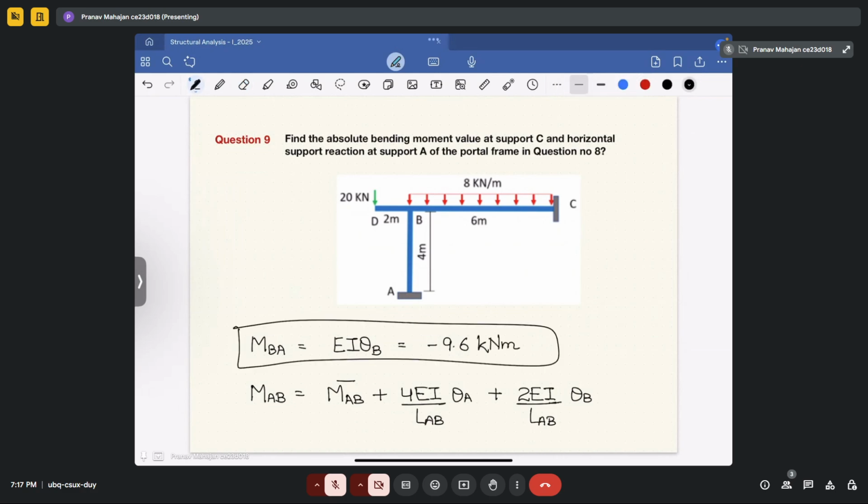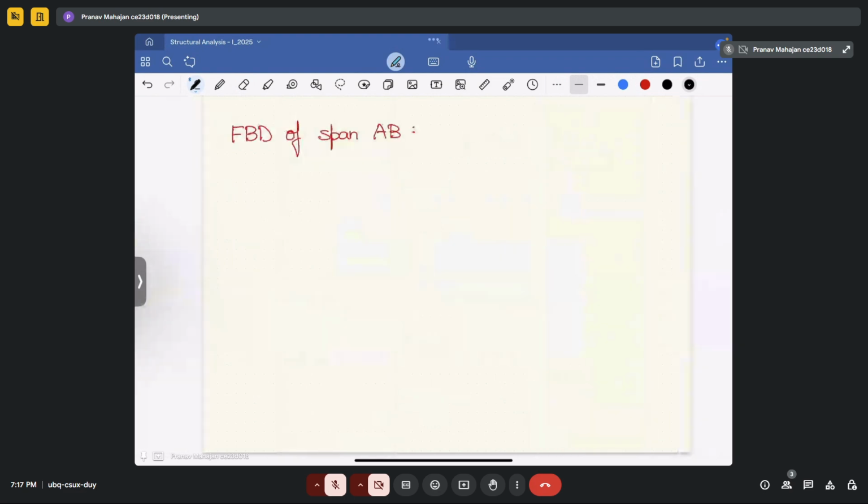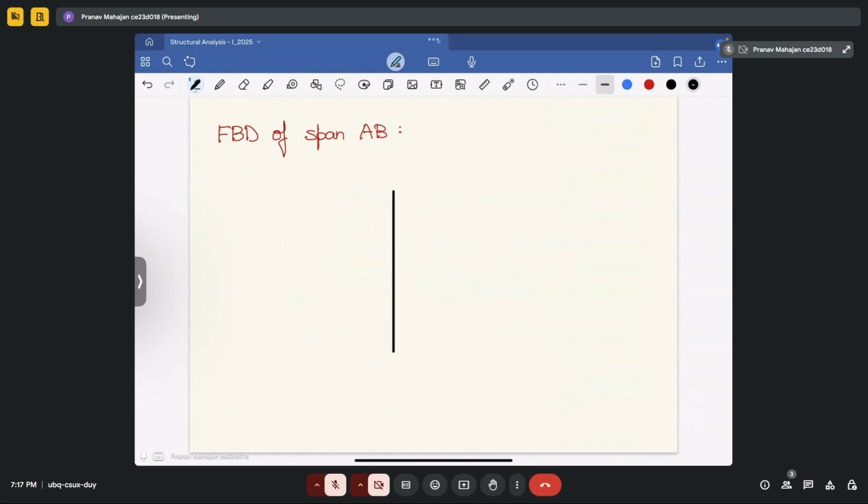Fine. Now what is remaining for you is the horizontal reaction. So for this, we are drawing the free body diagram of member AB. Let's say this is your member AB, and in this you got MBA equal to minus 9.6. If you got minus 9.6, that means it will be an anti-clockwise moment. So this is 9.6 kilonewton meter.